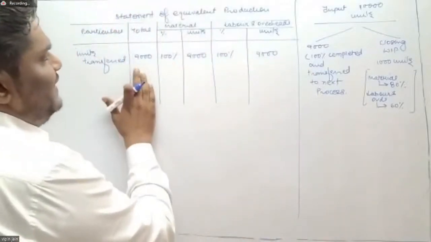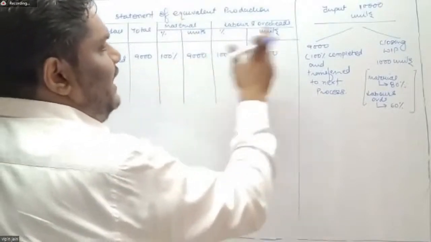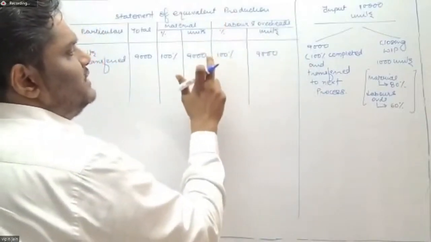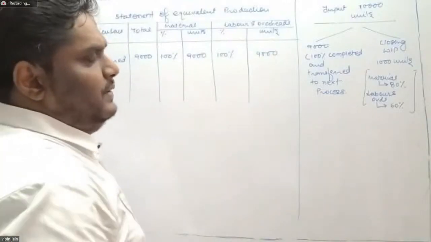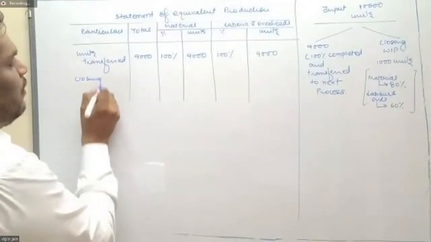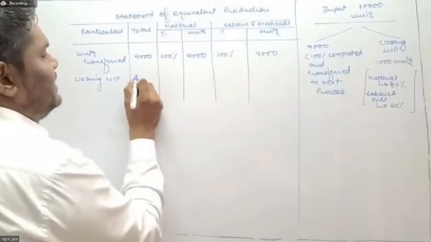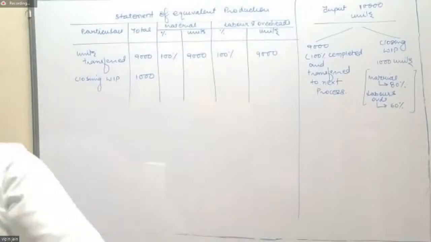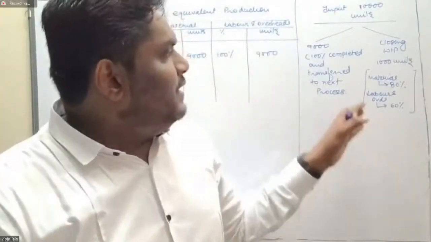So units transferred is 9,000, 100% for material, that is 9,000. And since they are 100% complete in respect of labor and overheads also, the equivalent number of units will be 9,000. Now when talking about closing work in progress, the total number of units is 1,000.